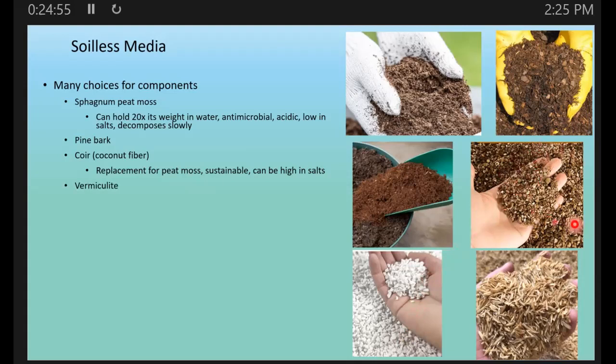Vermiculite is this middle right picture, which we use in the greenhouse now and then. I call it fake soil because it doesn't have any nutrients itself. It holds water pretty well. But I call it fake soil.